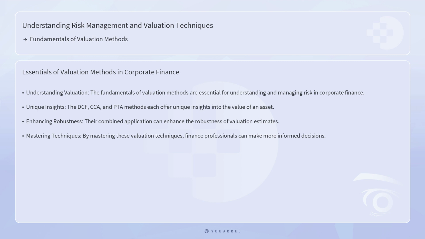Effective risk management is integral to the valuation process, ensuring that the assumptions and inputs accurately reflect the underlying uncertainties. By mastering these valuation techniques, finance professionals can make more informed decisions, optimize value creation, and effectively navigate the complexities of the corporate finance landscape.